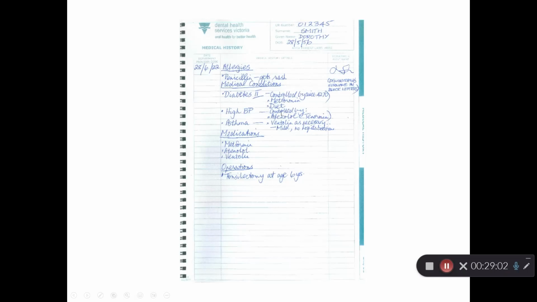Although we've got those medications in this area with the medical conditions, we would also make a list of the medications so they're easy to access if we've got to look quickly. We don't have to read every line. All of the significant information should be put here against the line. This is our scan line as well.